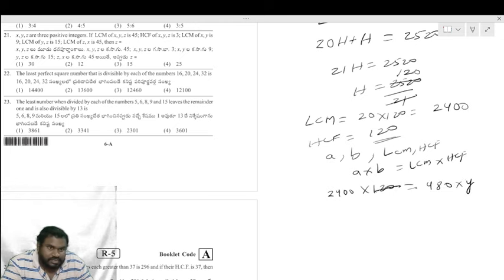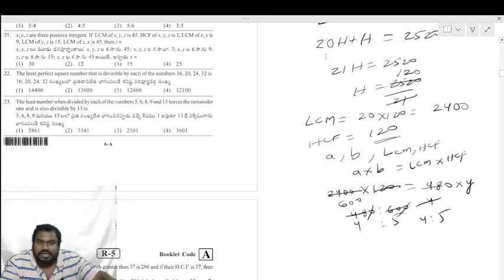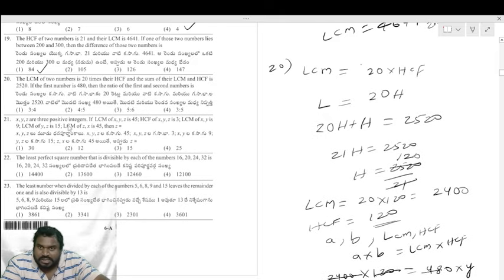Now I'll find it out: the other number is 600. 480 is one number, 600 is the other number. Cancel it: 4 is to 5 is the answer. What is he asking?